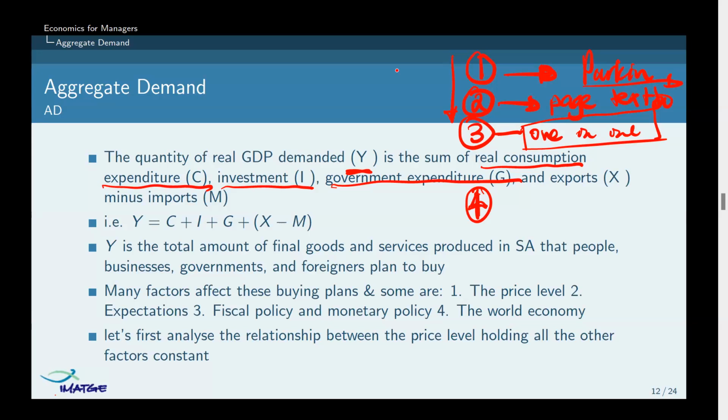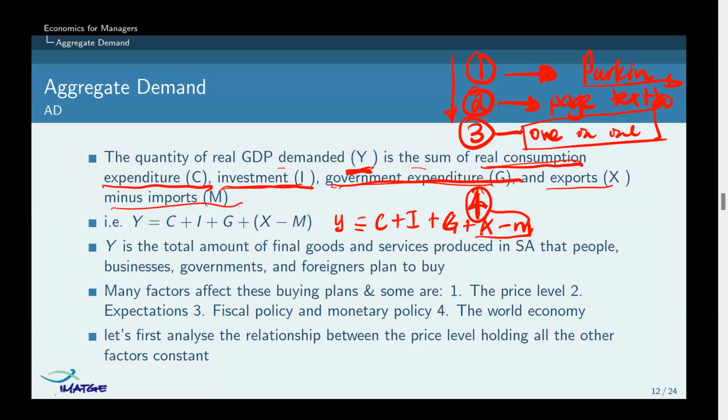So we are talking of aggregate demand as the quantity of real GDP demanded, the sum of real consumption, investment, government expenditure, and exports minus imports. That's why we have this income identity whereby we say income is equal to consumption plus investment expenditure plus government expenditure plus exports minus imports.